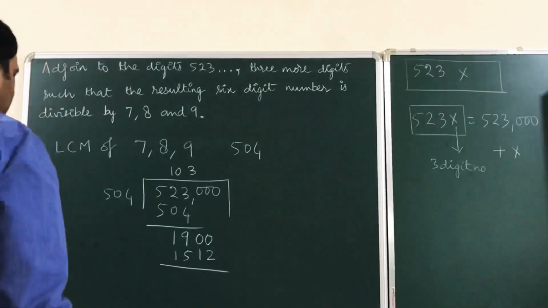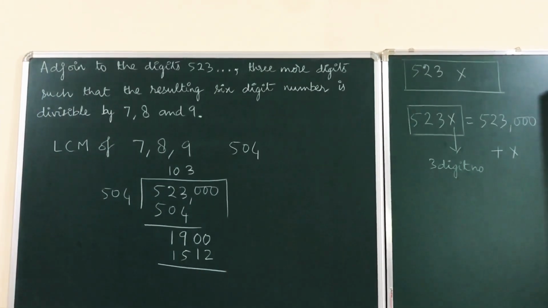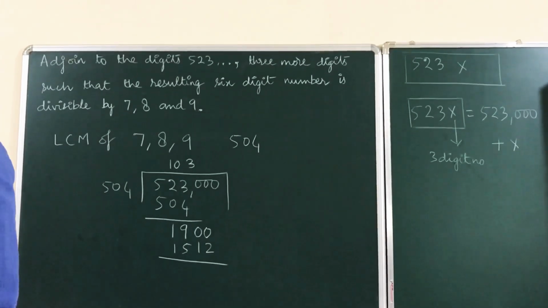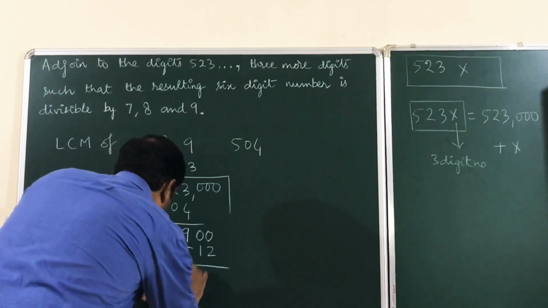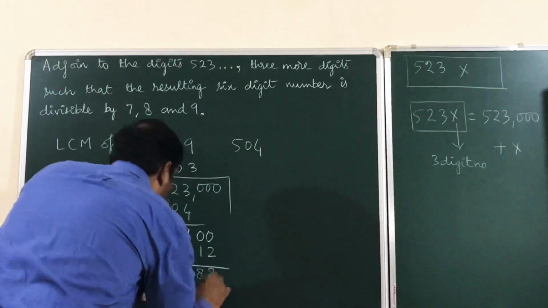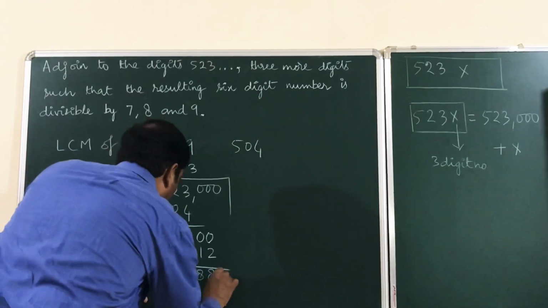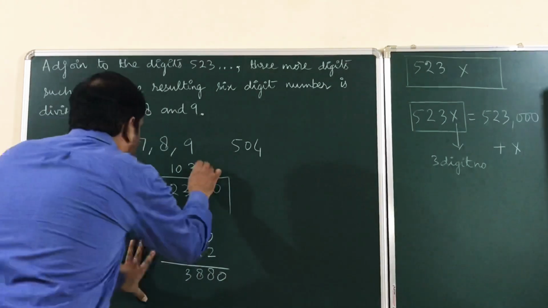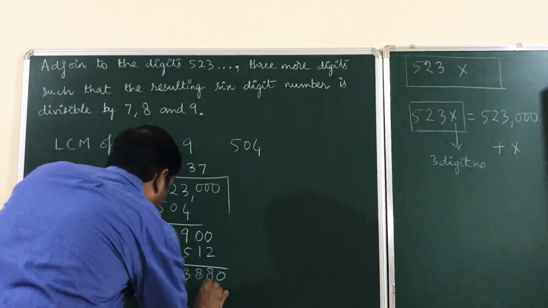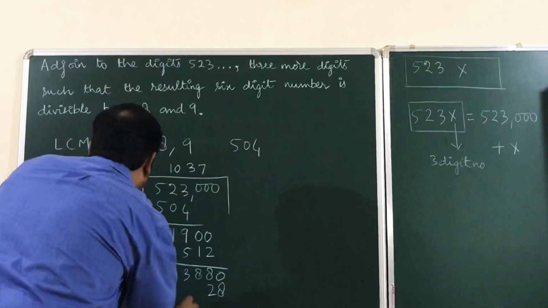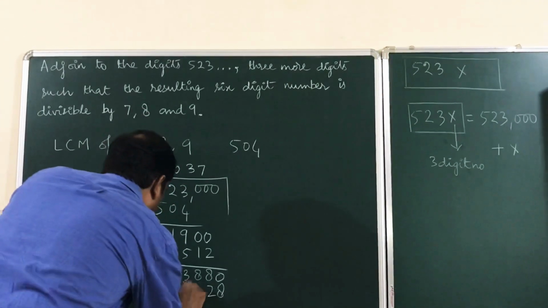Now if I subtract it, this will be 388, and one more 0 is there. So 7 times, 7 4s are 28 and 35.